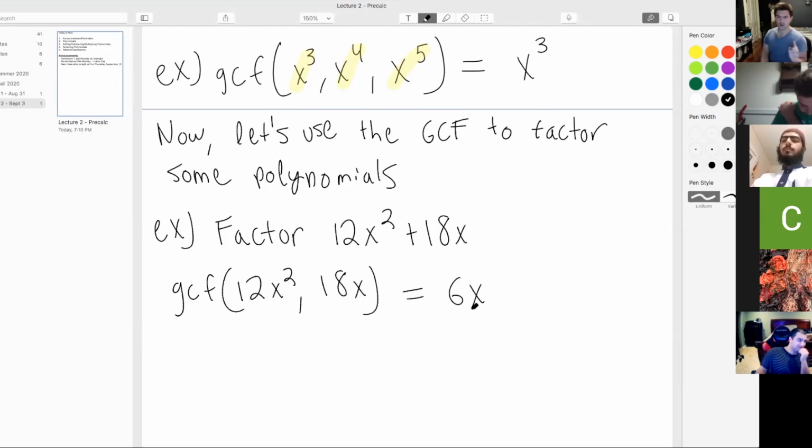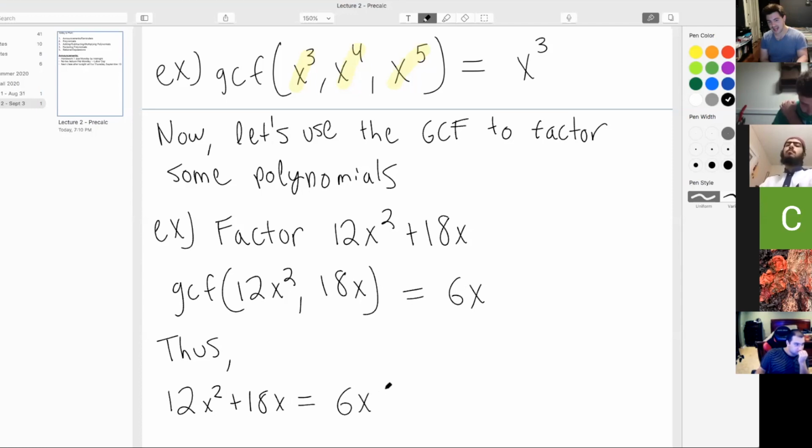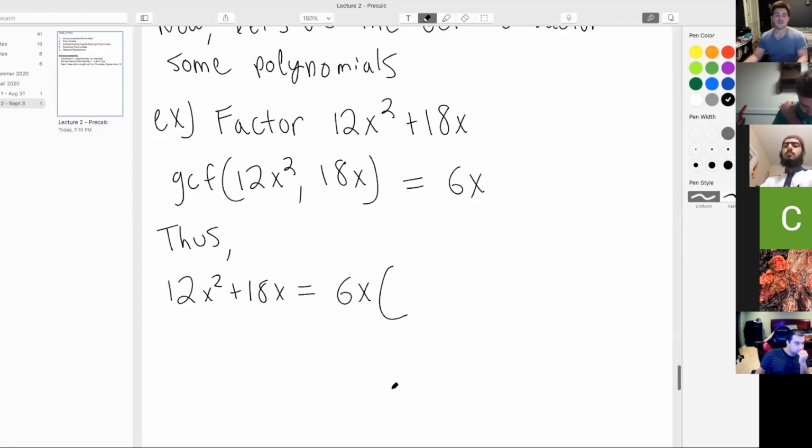I hope you all agree with that. Good. So we just have to pull out a 6x from each term. Thus 12x squared plus 18x will be 6x times something. 6x times what will give me 12x squared? 2x. 6x times 2x will give me back 12x squared.